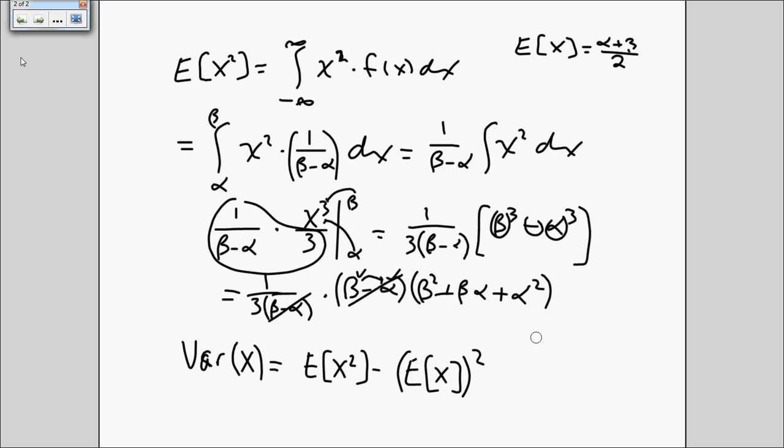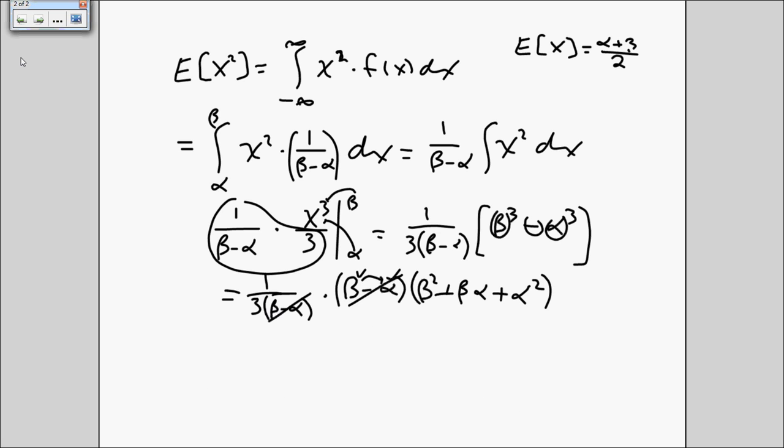So erase this on the bottom. That factor cancels. So you get 1 times what's in the brackets, which is beta squared plus beta alpha plus alpha squared, all divided by 3. Okay, that's E of x squared. Let me write that down up here.